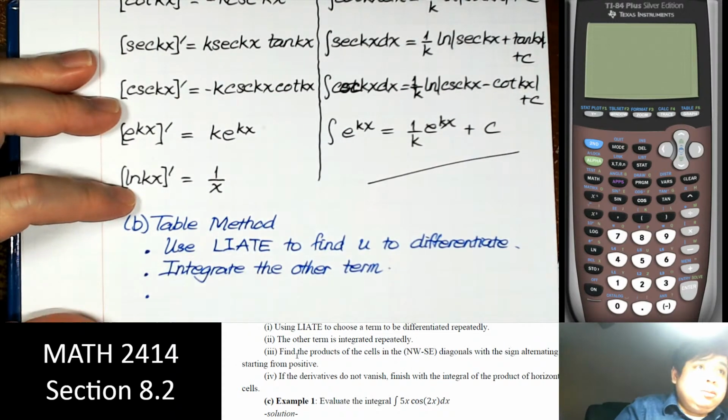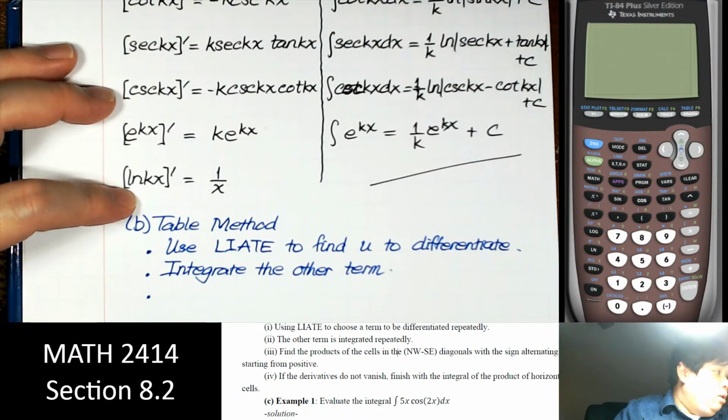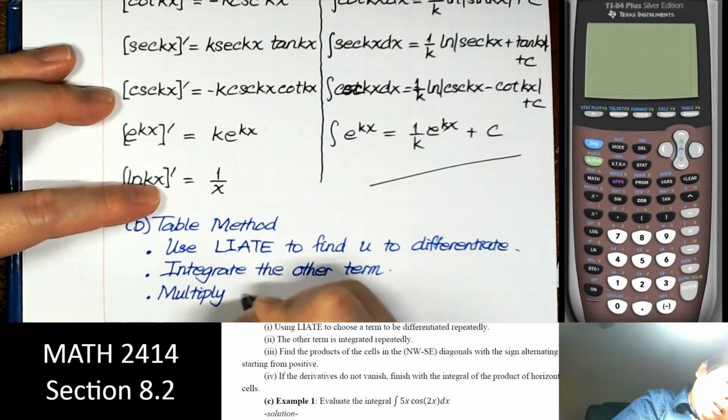Three. Find the product, meaning that we multiply diagonally.